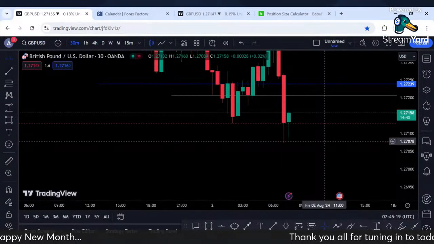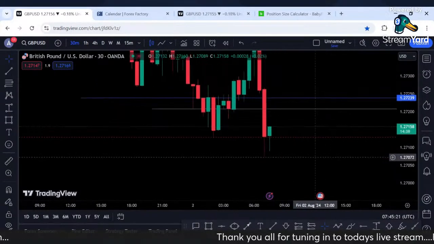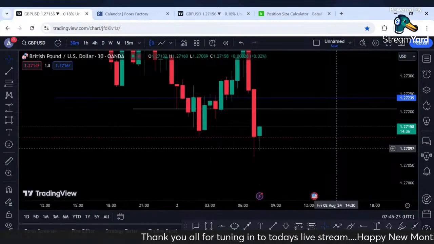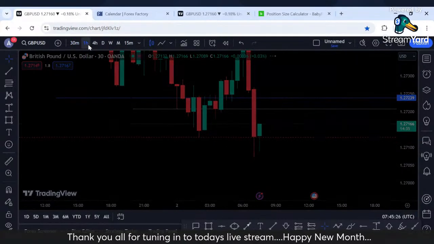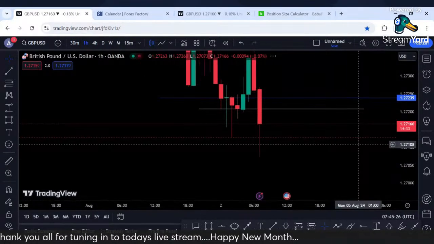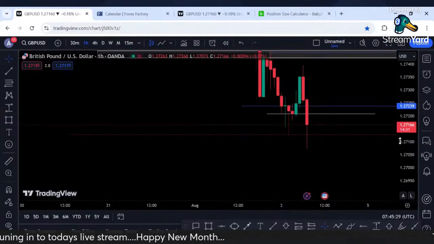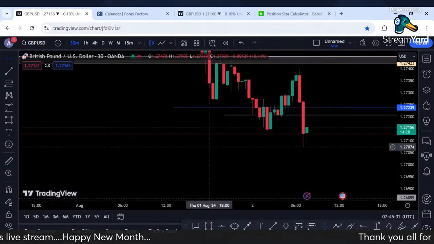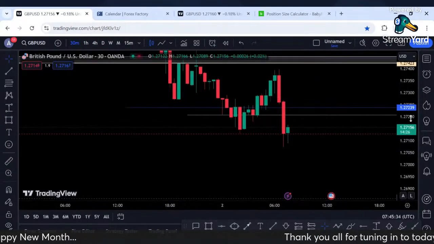So it's flipping bullish. So 14 minutes for the 1-hour candle and the 30-minute candle to close. Let's see whether we can make a decision on that.